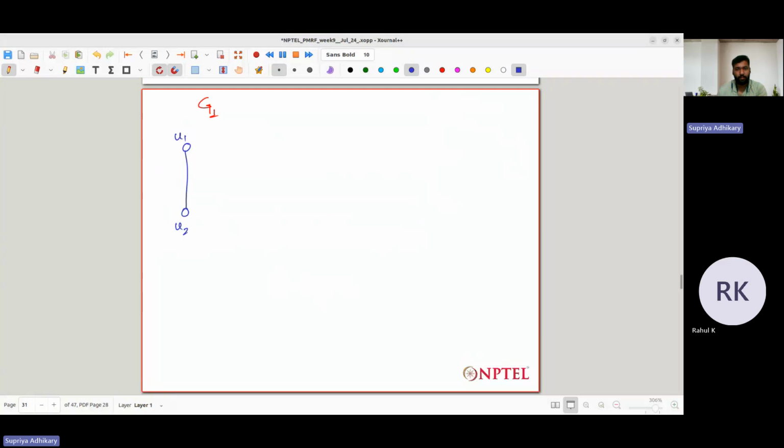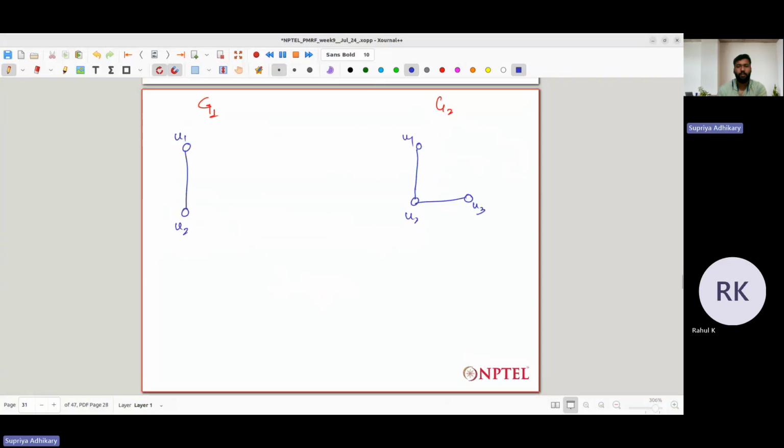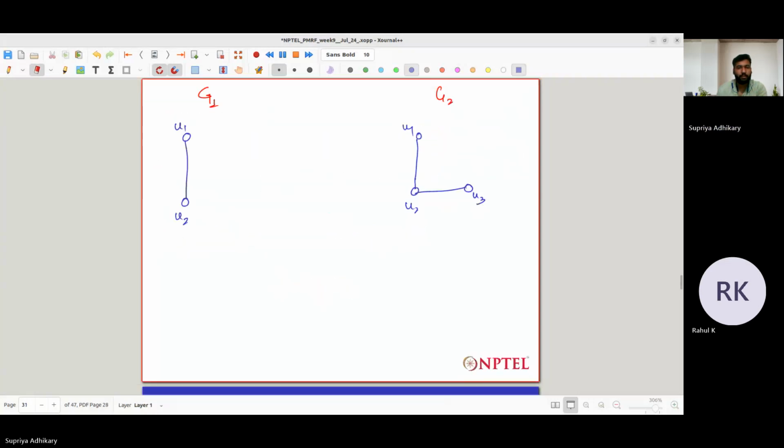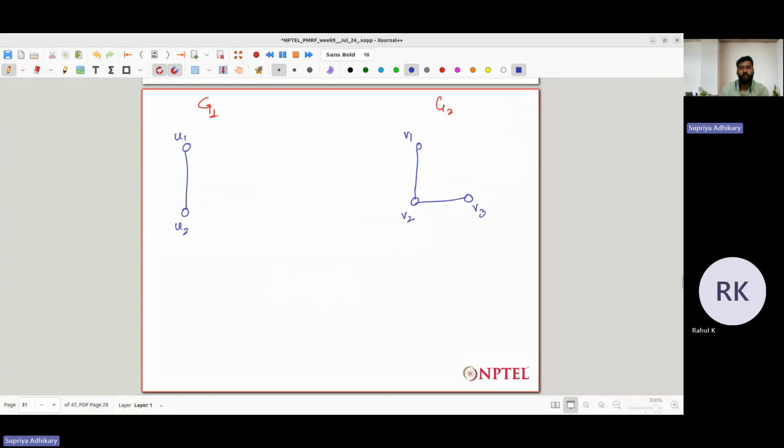Also, the graph G2 is given with vertices v1, v2, v3. And v1 and v2 are connected, v2 and v3 are connected. So v1, v2 and v2, v3, these are connected.